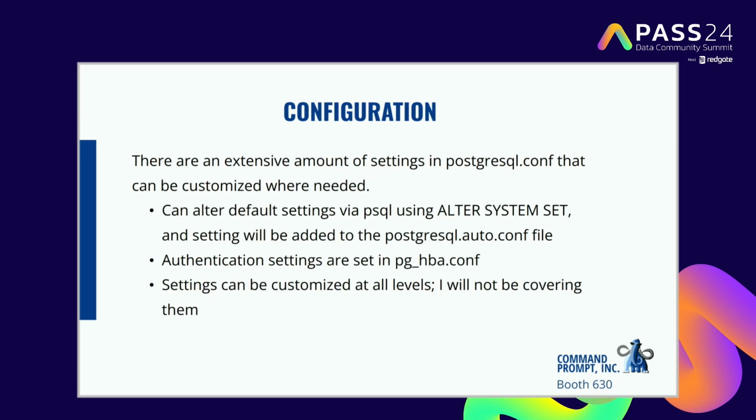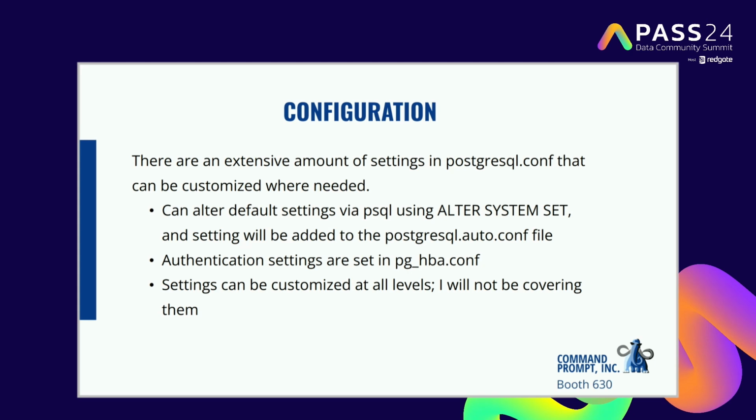Okay, so again, talking about these global settings, configuration is configured at a global level. This mainly happens in postgresql.conf, but you can alter settings in psql with the ALTER SYSTEM SET command, which will add whatever the setting was to the postgresql.auto.conf file. This gets loaded after postgresql.conf, so it'll load all those configurations, and then load postgresql.auto.conf, and that'll override anything in postgresql.conf that doesn't match.